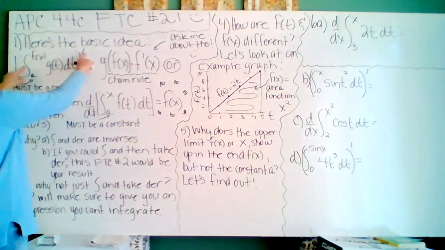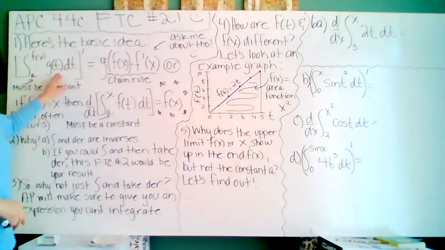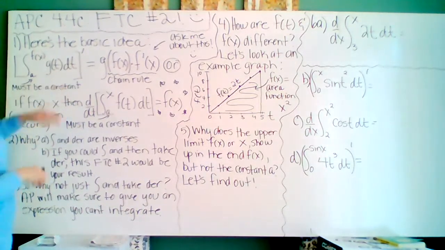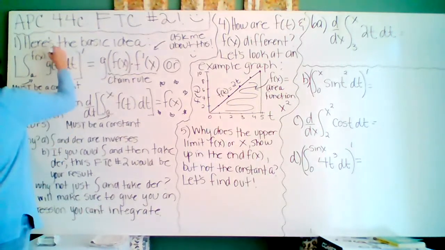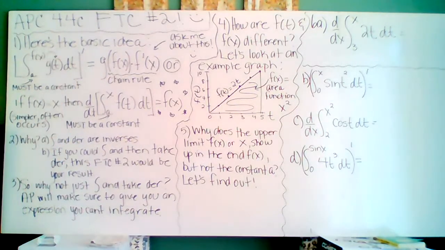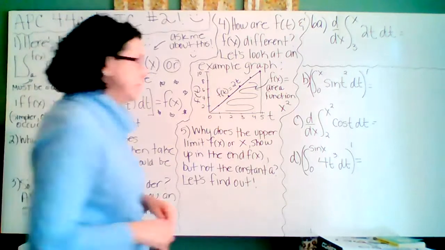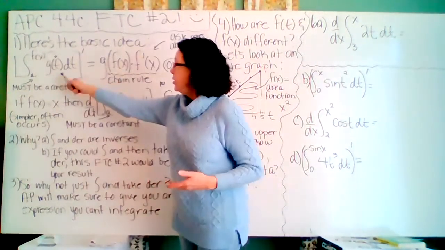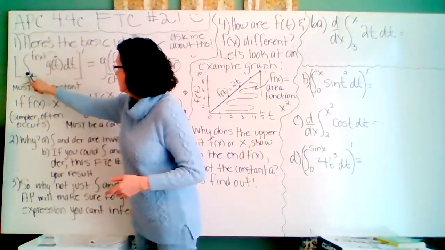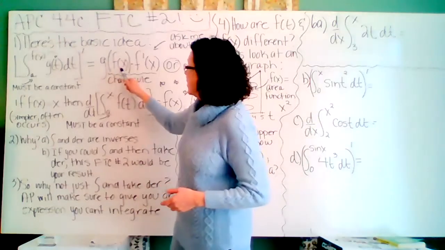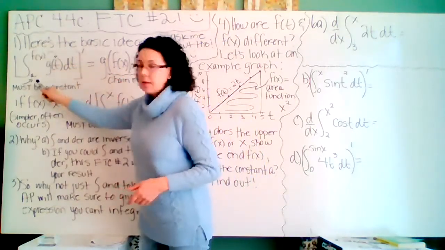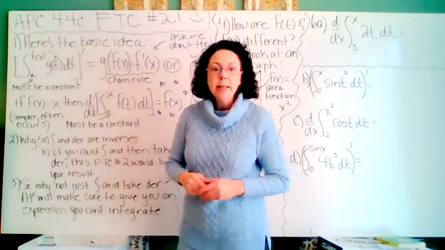The integral and the derivative will cancel. It will leave you with the inside function evaluated at the upper limit. You will be left with the function g with the upper limit in it, not the lower. We'll see why later.